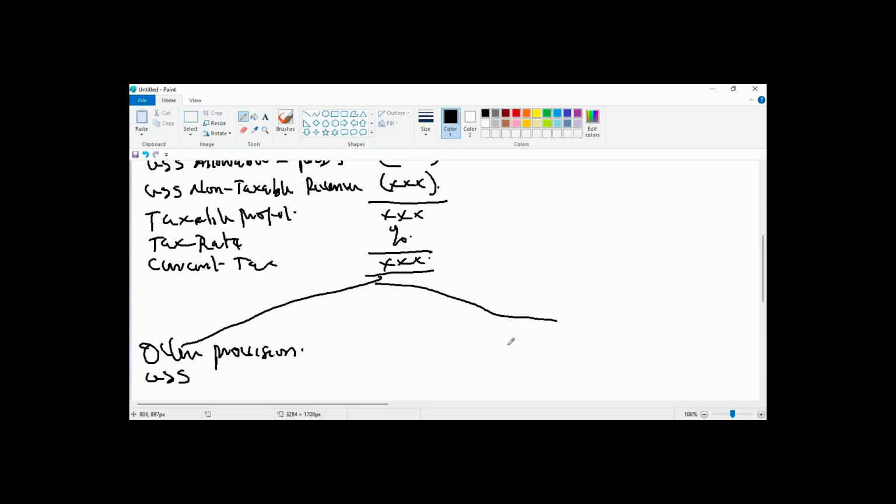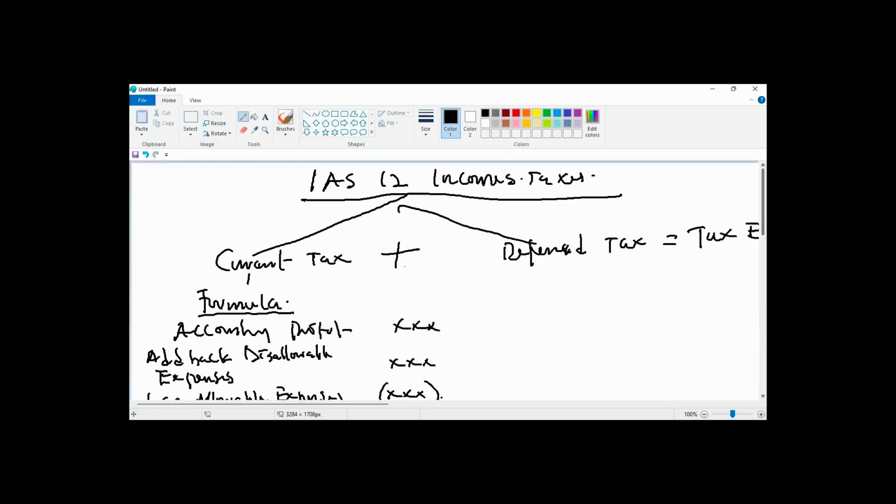For under provision, we add. That's all. This is all about current tax, what you need to know about current tax. Now, what about deferred tax?